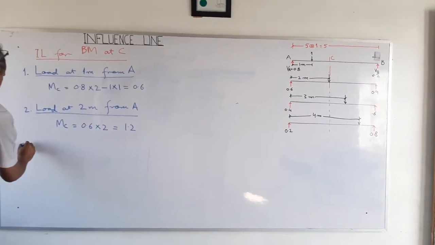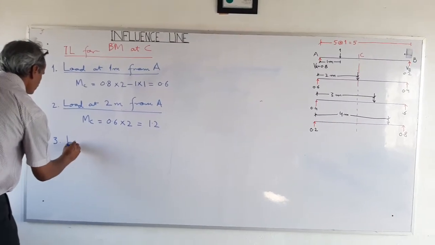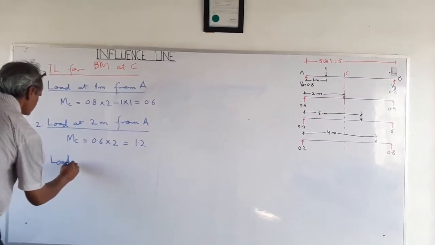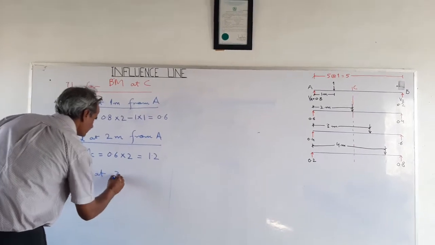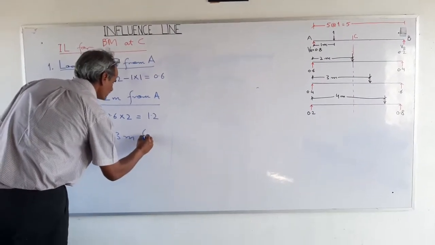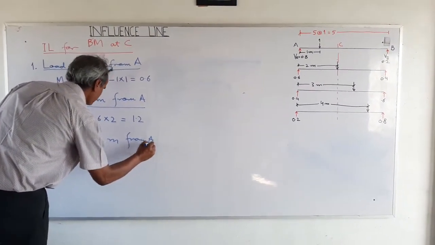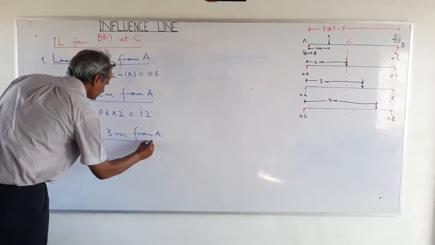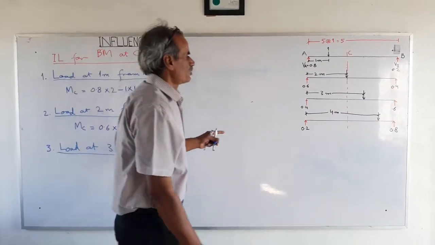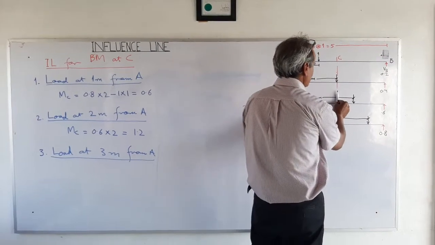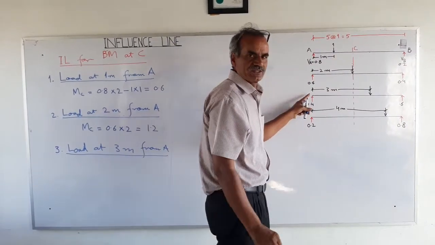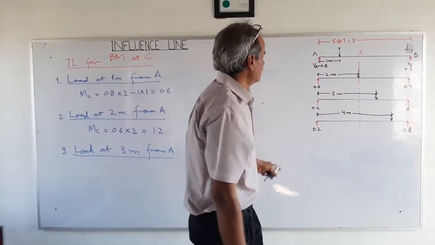Now in third case, load at 3 meters from A. Now in this case, load has gone beyond the section where we are interested in finding out the bending moment.